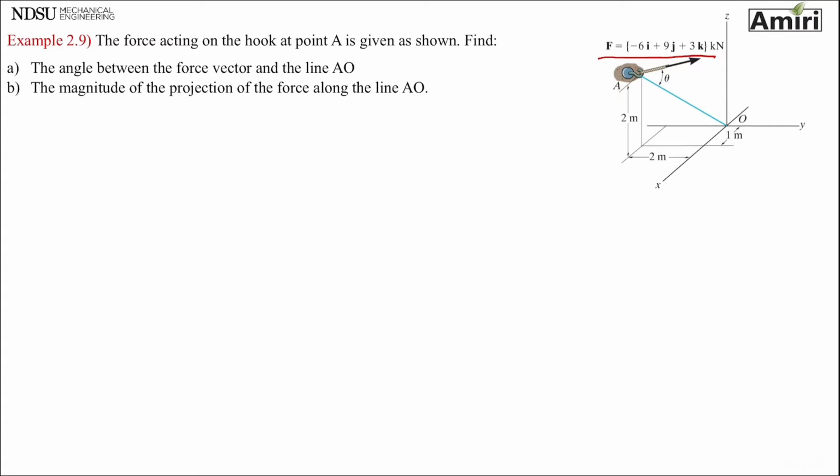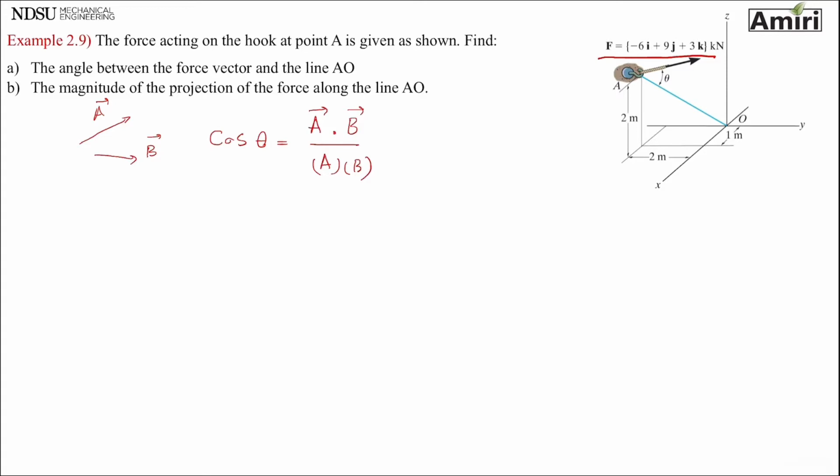So when we have vector A, vector B, all we have to do is use cosine theta equals A dot B divided by their magnitudes. That's how we can find the angle between them.